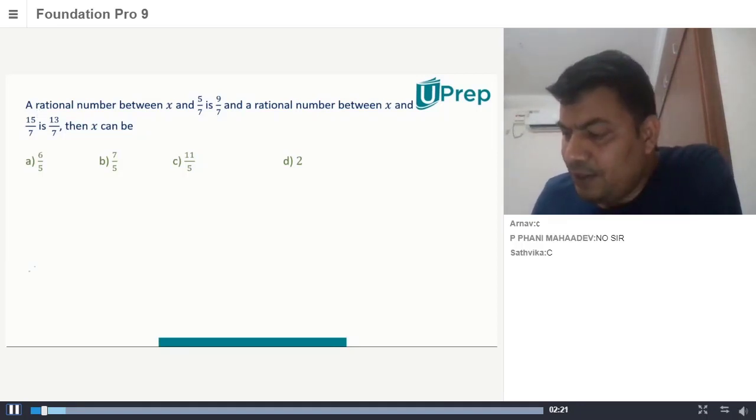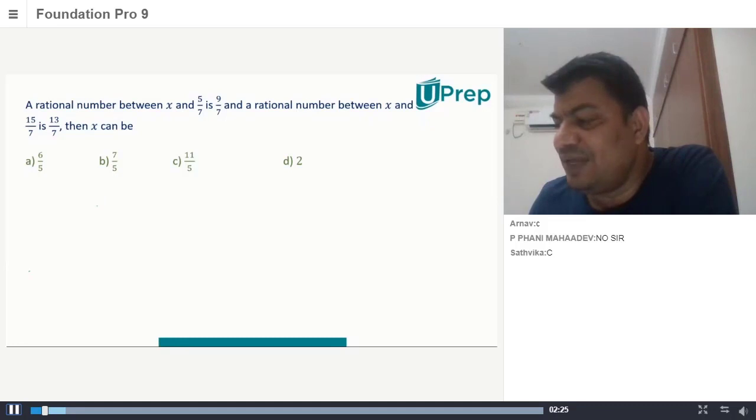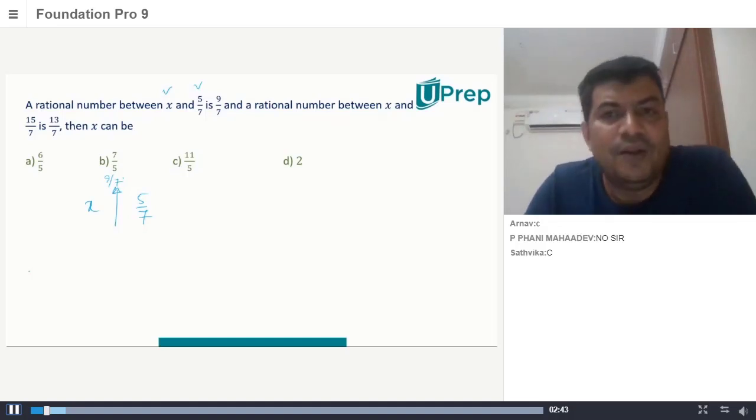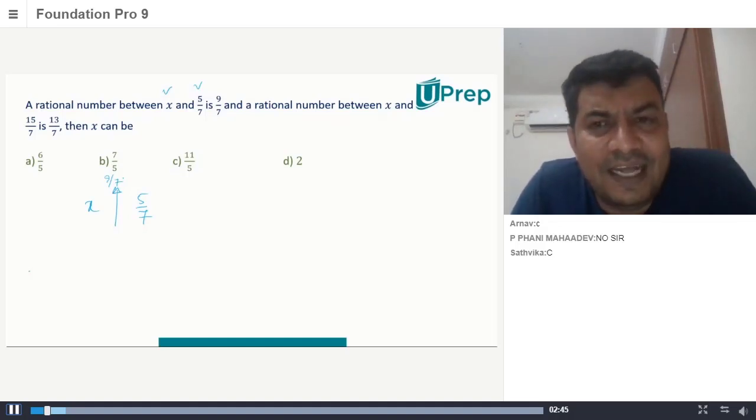A rational number between x and 5 by 7 is 9 by 7. So there is a rational number between x and 5 by 7, and he has given you that it is equal to 9 by 7. Right? Now tell me, which is greater, 9 by 7 or 5 by 7?